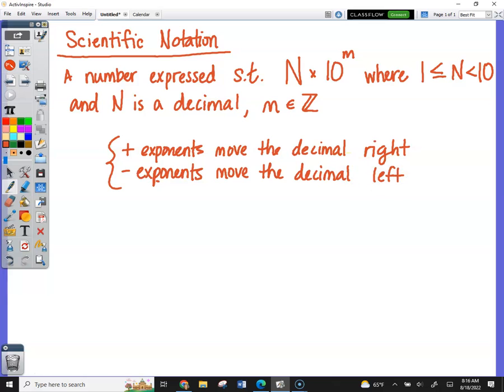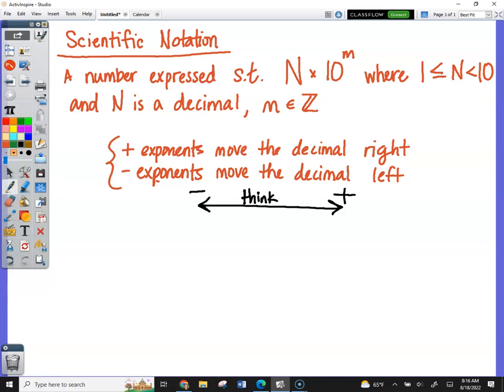And the easiest way to remember that is to think of the number line, because positive numbers are to the right and negative numbers are to the left. So I'm going to write think, and then I just drew a little number line. So that's how you remember the rule.